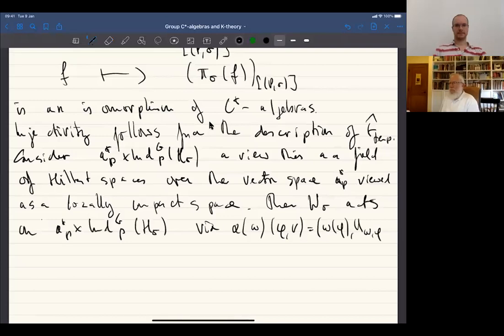There's a question about the A star P notation. I don't know what the question is, but I think Peter wrote this as HOM A P R. I don't know if this clears it up.